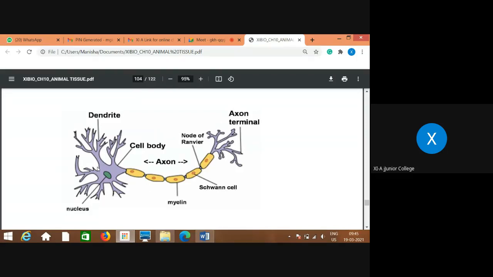Now what you can see in the cyton or the cell body is a centrally placed oval shaped nucleus, and that is surrounded by cytoplasm. But in the nervous tissue or the neurons, you need to remember the names. Like muscle says the outermost layer is called sarcolemma, but here it is called neurilemma, as it is related to the nervous tissue or the neuron.